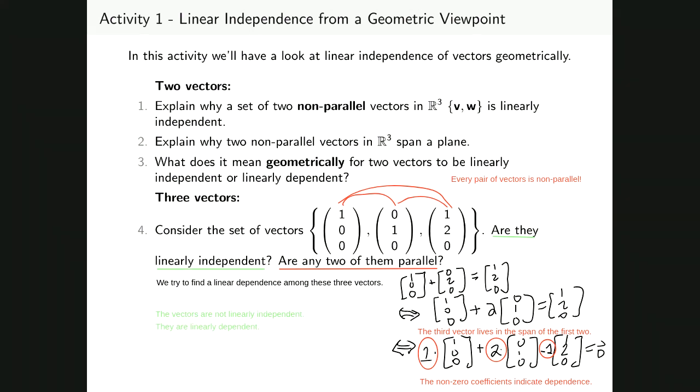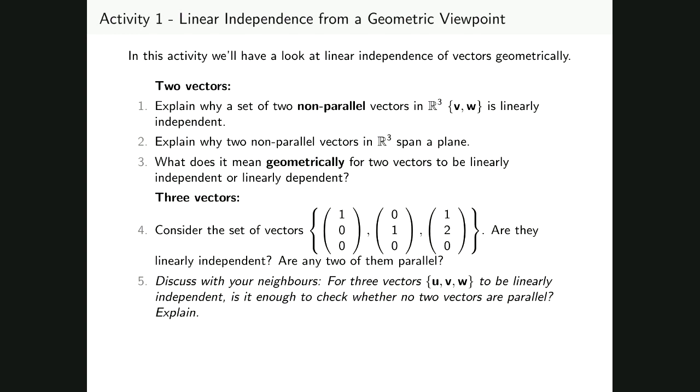So what that means is this third vector lives in the span of the first two. It lives in the plane defined by the first two vectors. So we'll move on to the next part of the exercise. For three vectors to be linearly independent, is it enough to check whether no two vectors are parallel? Okay.